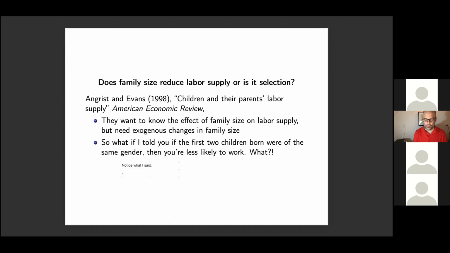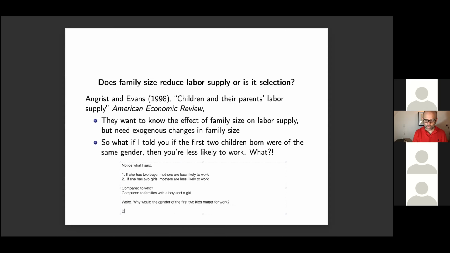If you have 2 boys, mothers are less likely to work. If she has 2 girls, mothers are less likely to work. Compared to who? Compared to families with a boy and a girl. Weird. Why would the gender of the first 2 kids matter for work?